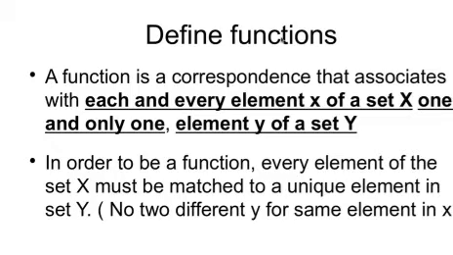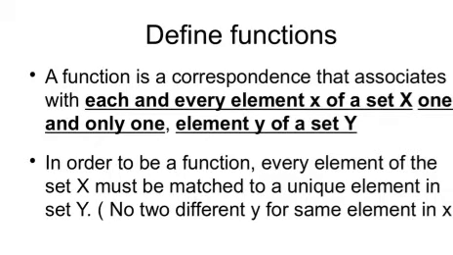This is going to be the second video, in which we try to define functions using several notations that we use, and how we can differentiate a function from the other types of mapping.